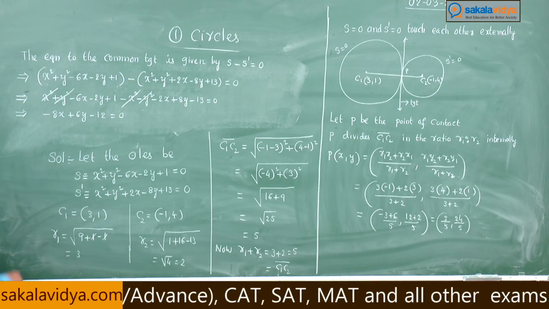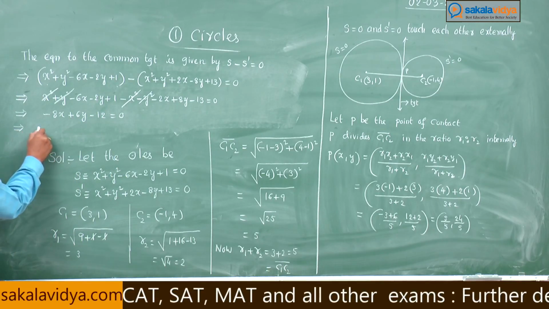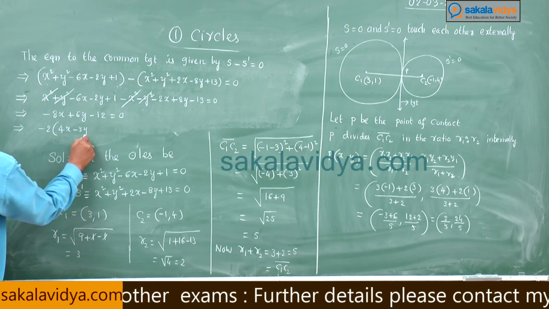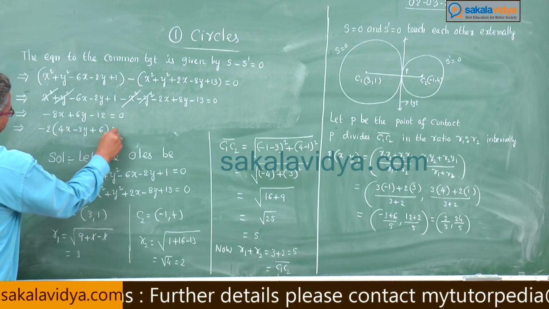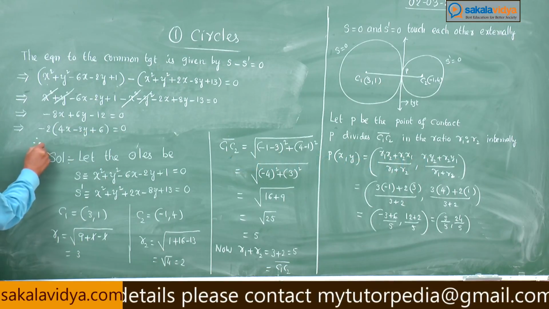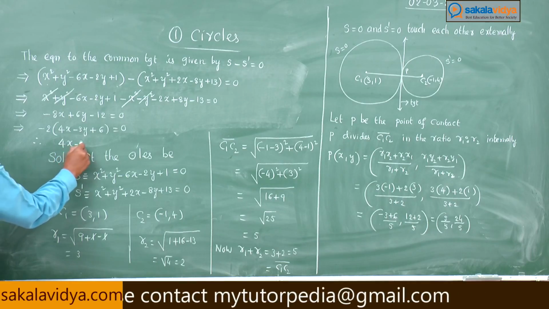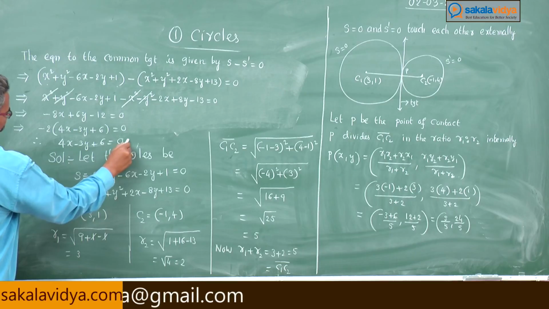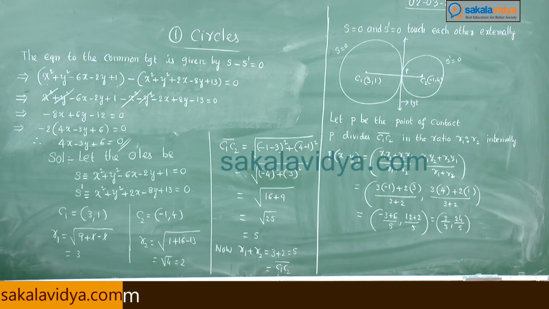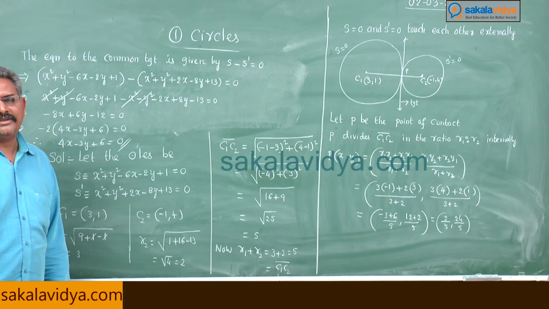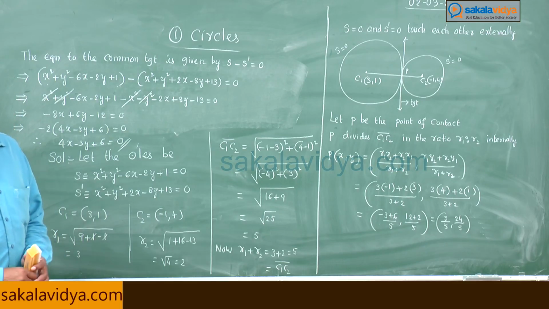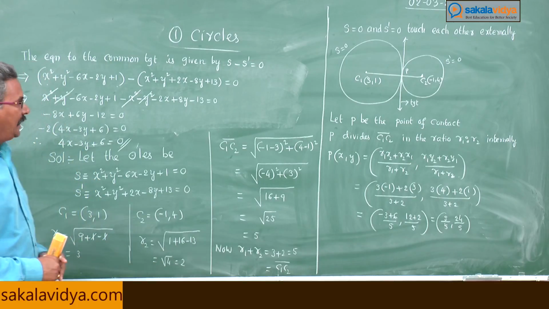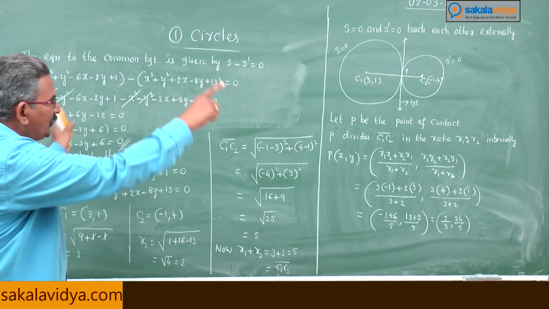Shall we take out minus 2 common? Yes, minus 2 common. You get 4x minus 3y plus 6 is equal to 0. This is the required equation of the common tangent. So, dear students, have you followed this method? I think you might be noting down all these things.